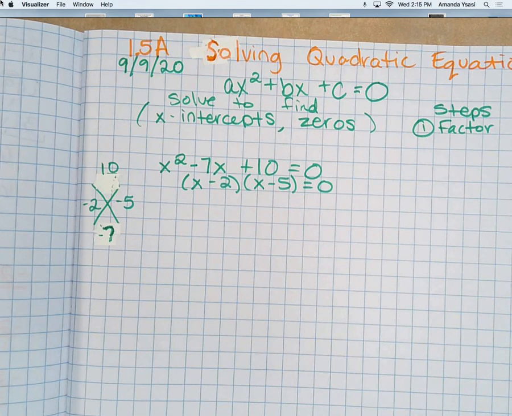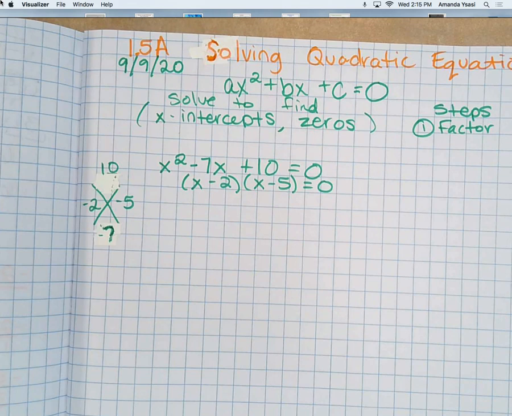So then how would we solve that? What does x equal? 2 and 5, yeah. And that's because of the zero product property.